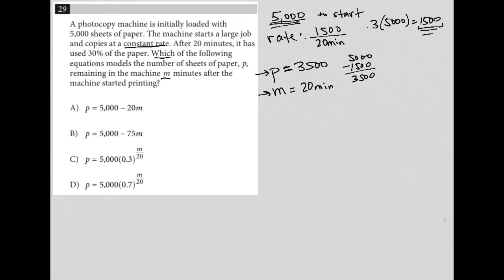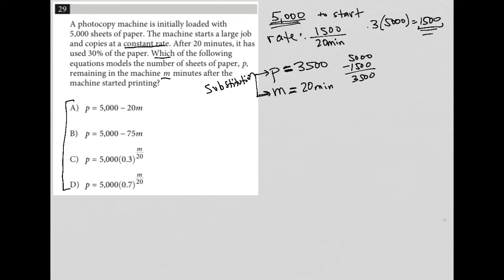And we're looking for which one of these equations gives us that. Whenever we're looking for an equation that models a value or two values together like we have here, P and M, I just use substitution as my method.